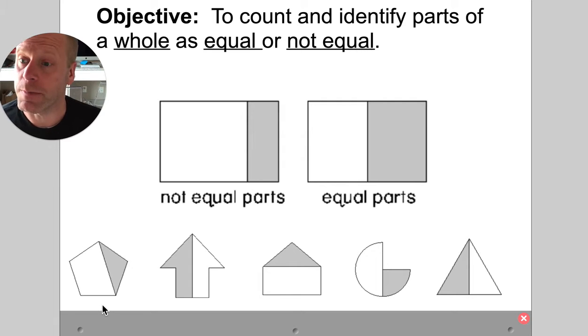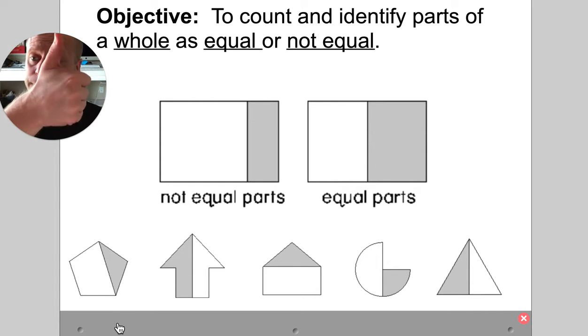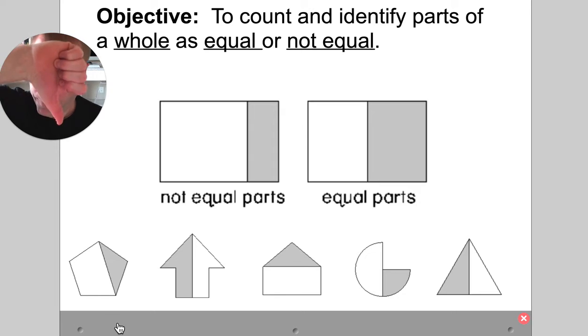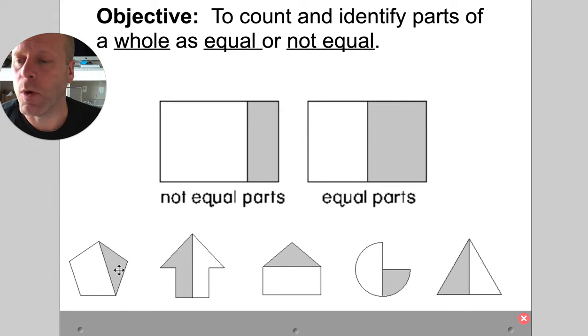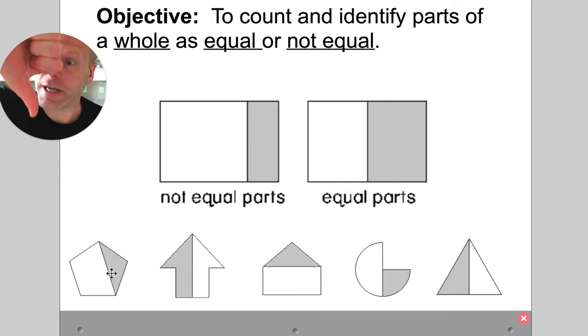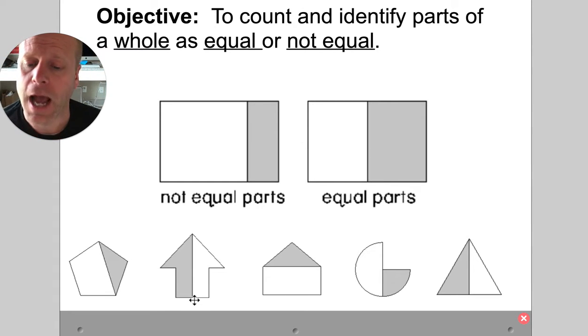So let's start with this pentagon. This pentagon is divided from the top to this bottom corner. Do you think these 2 sides, these 2 parts are equal or not equal? Yeah, they're not the same. One is small, one is big. So they are definitely not equal. How about the 2 different sides of this arrow? The side that is gray and then the side that is white.